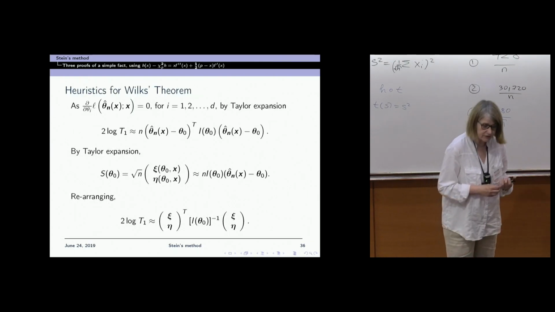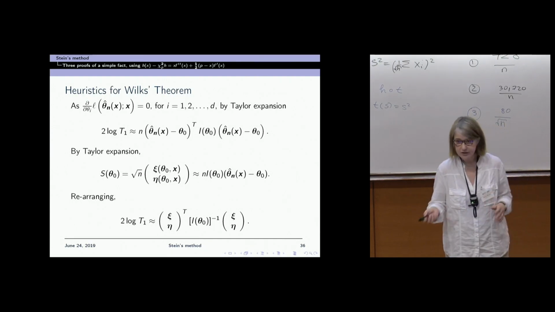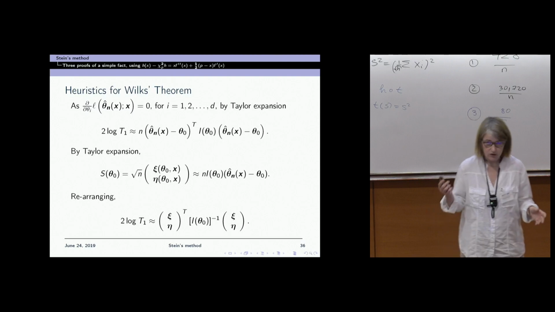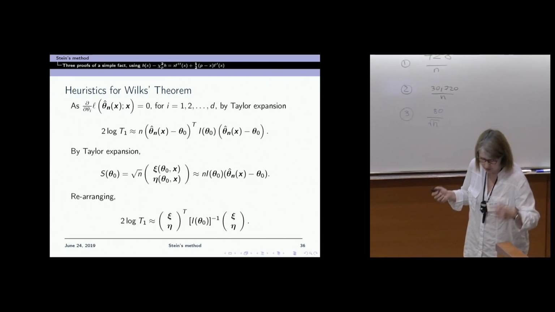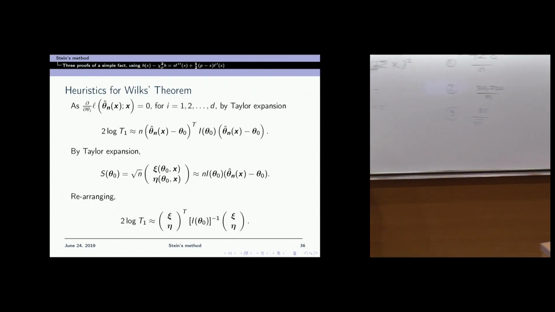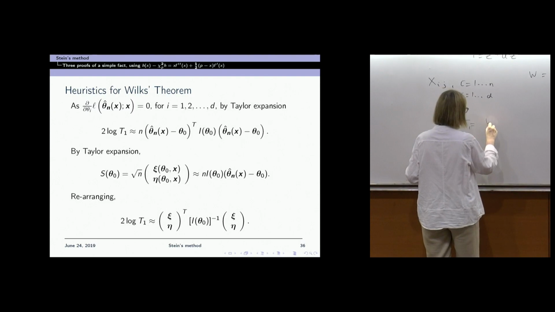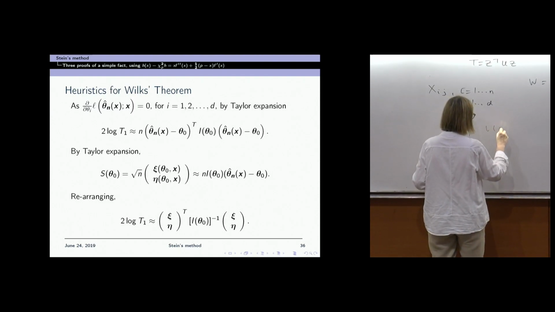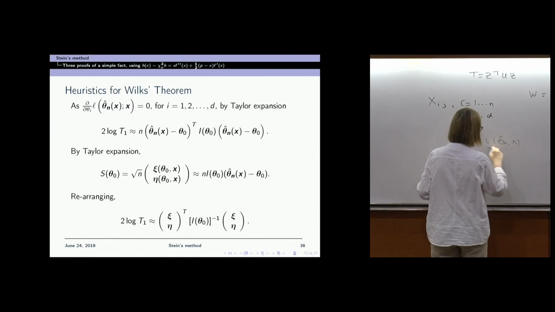So the heuristic for Wilks' theorem is as follows. We can do a Taylor expansion for each of the log likelihood ratios. So T1 is the likelihood under theta hat n of x divided by the likelihood of theta 0 of x.